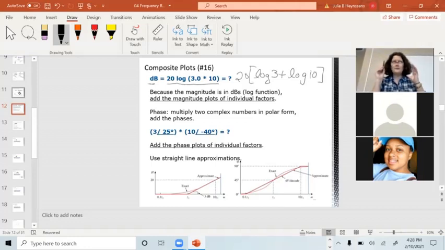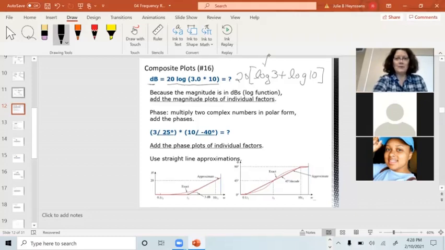So if I have two things multiplied together, I can find the log of each one of those things and add the results together, and it's just like multiplying.